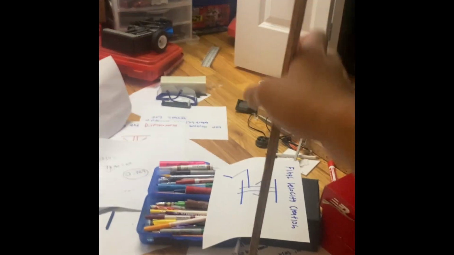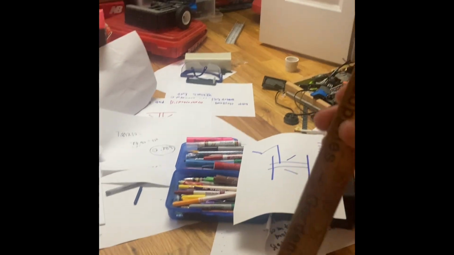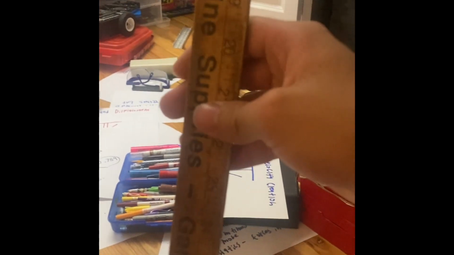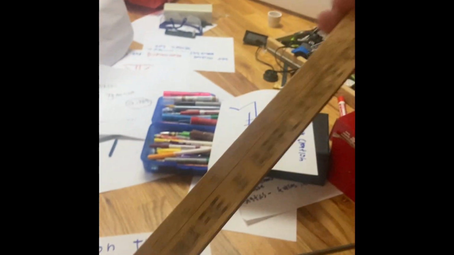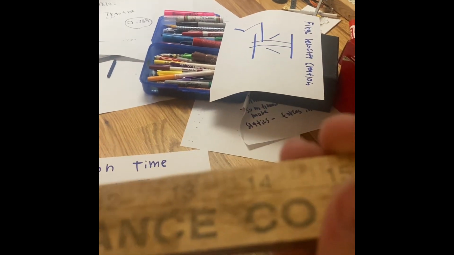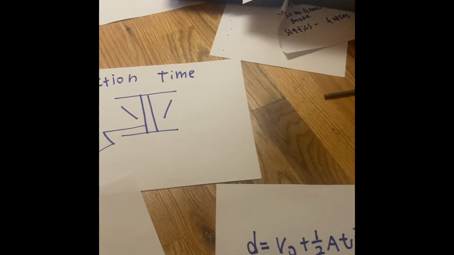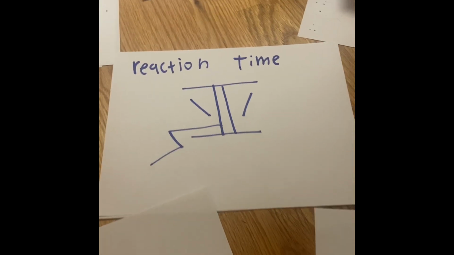Once the ruler drops, like that, the other person will have to try and catch it. This meter stick doesn't really have any centimeters, but try to find a yardstick or a meter stick that uses centimeters. So that centimeters is going to tell you how fast the person reacted and what the displacement is.